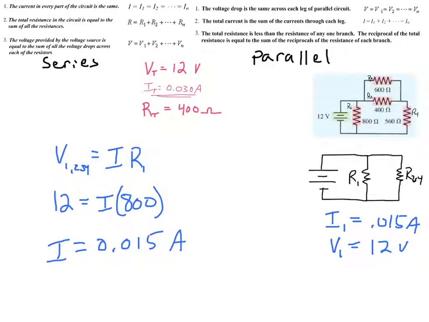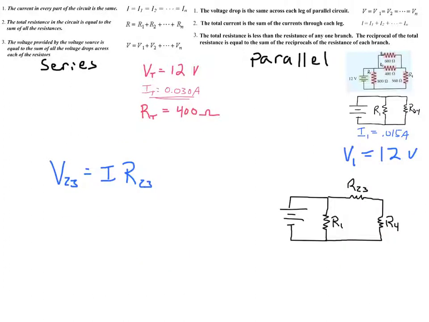So now what we have to do is take another step back to the circuit equivalent that was right before this one. Because in this equivalent circuit, R23 and R4 were in series, we have to look at the series rules for the voltage drop. For the current, the current is going to be the same through resistors in series.